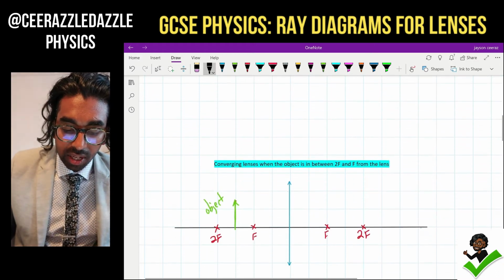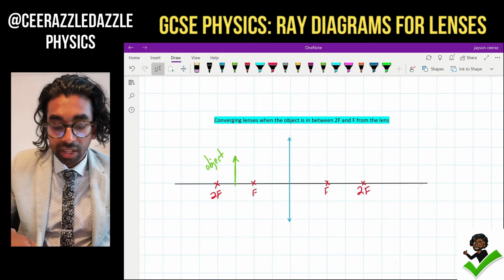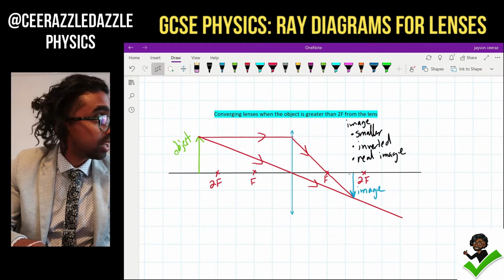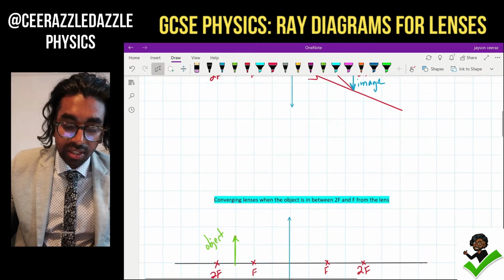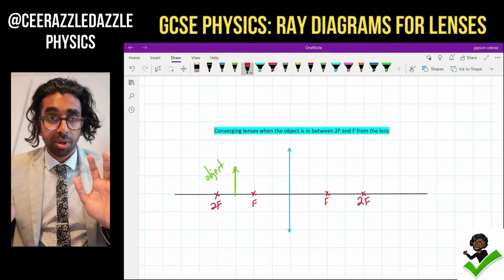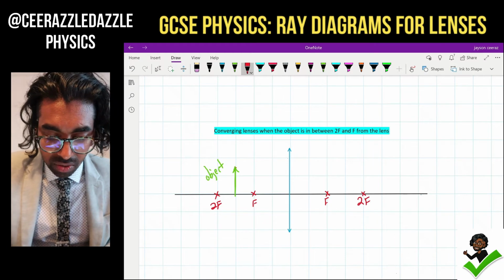It looks very much the same, but the object has now moved in between 2F and F. Before, the object was greater than 2F. But I still construct the ray diagram with a similar principle. First ray of light going from the top of the object directly through the center of the lens.